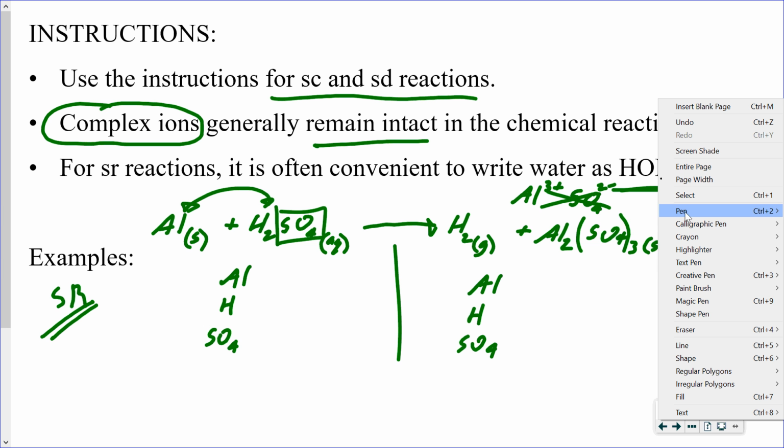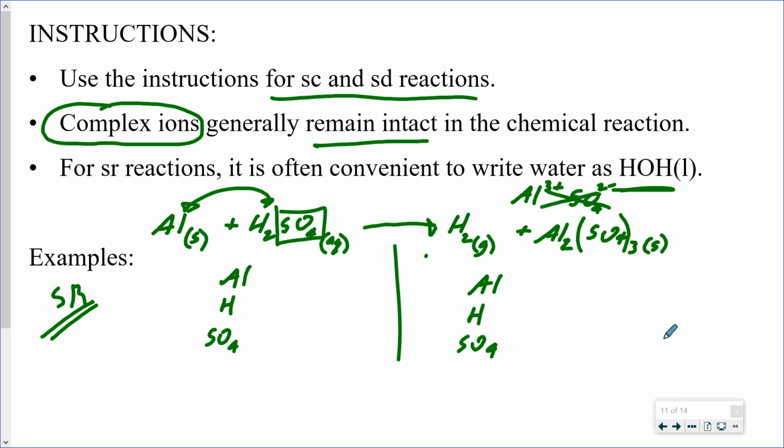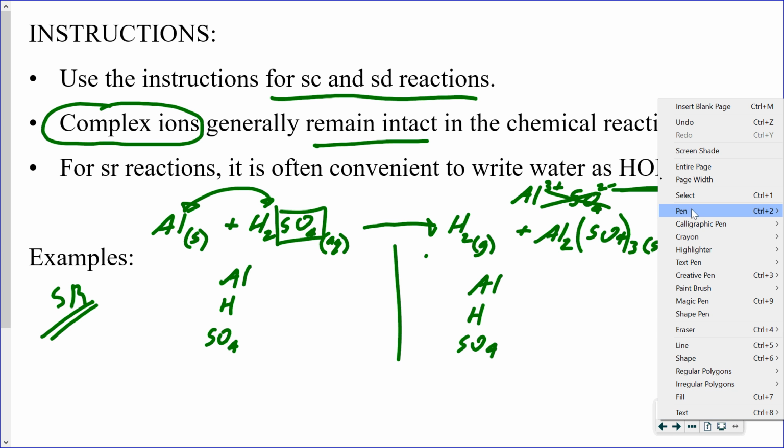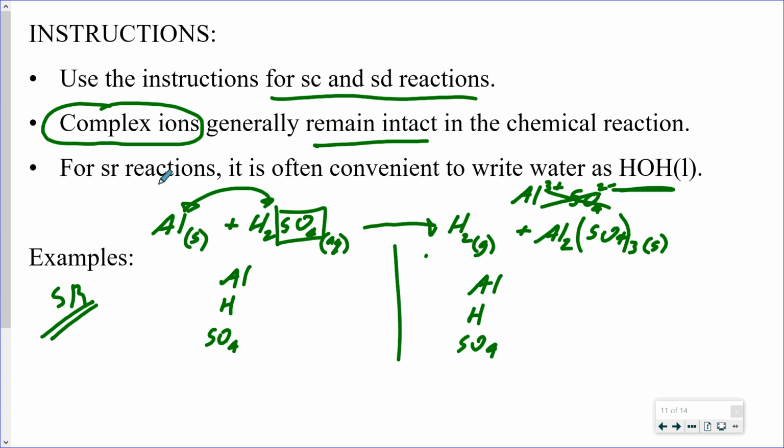So coefficients. Let's grab a different color here. Coefficients that we can stick in front, or maybe it's balanced. It's not. Take a look at the aluminum. You have 2 on the right, 1 on the left. It's not balanced. So let's tally it up.